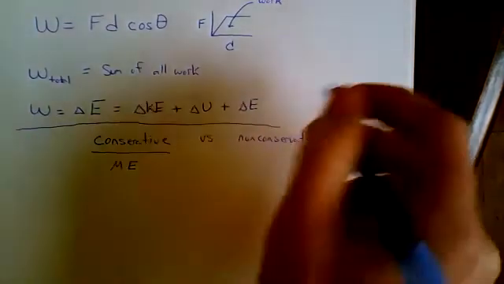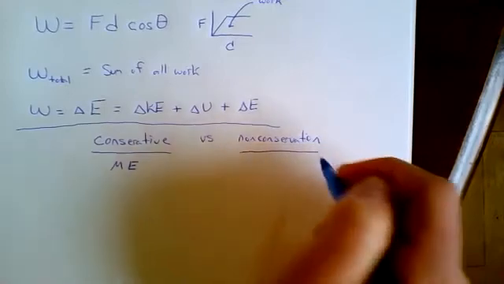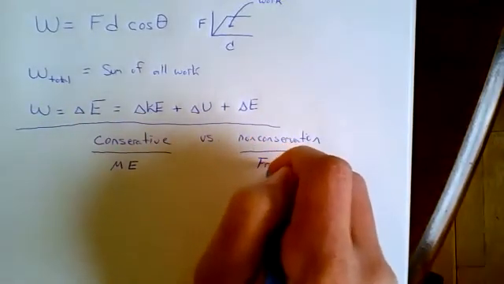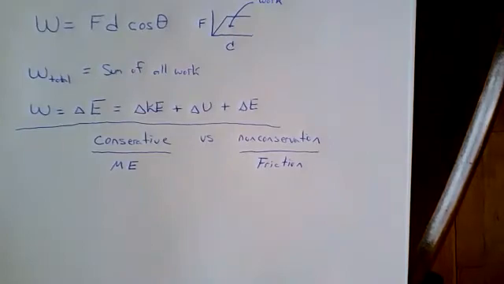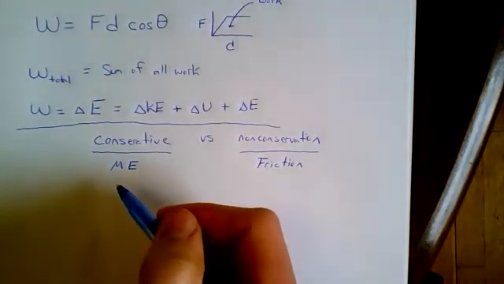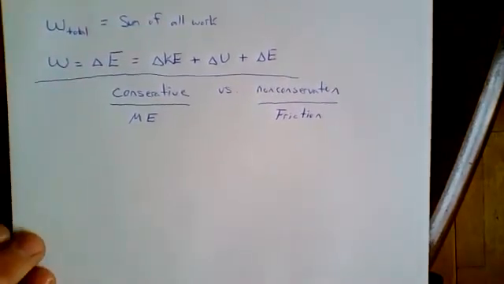Kinetic energy, potential energy. Non-conservative, you're basically just looking at friction here. In non-conservative forces, the path between matters. In conservative forces, it doesn't. All you need to worry about is the initial and final conditions of your system, and you're good to go, like we do in conservation of mechanical energy. And we'll be seeing that later.